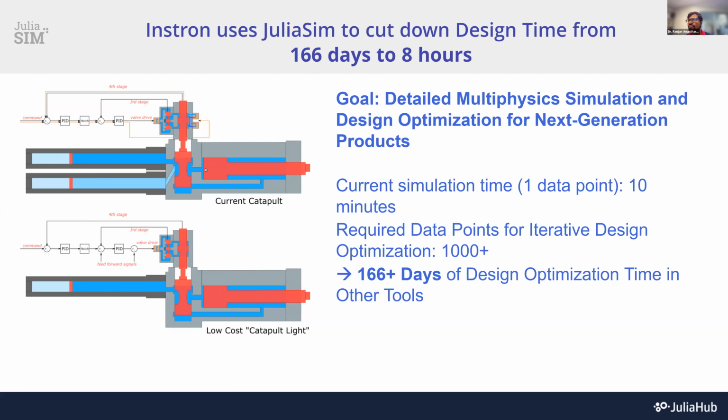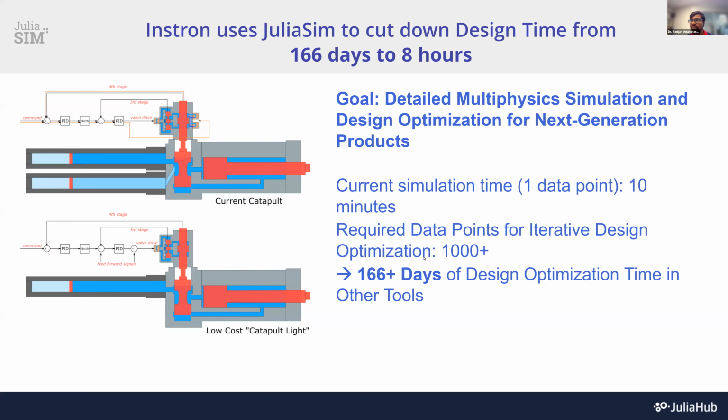What you want to do is perform some sort of design optimization. With their current tools, each of these detailed simulations takes about 10 minutes, and so the design optimization is expected to converge in 166 days, which is a few months. This makes that type of design optimization, to produce the next generation of this product, intractable.